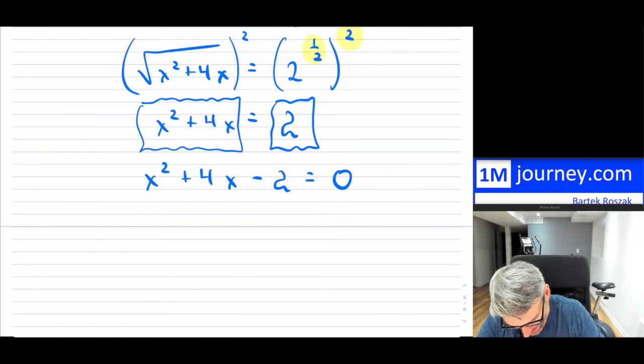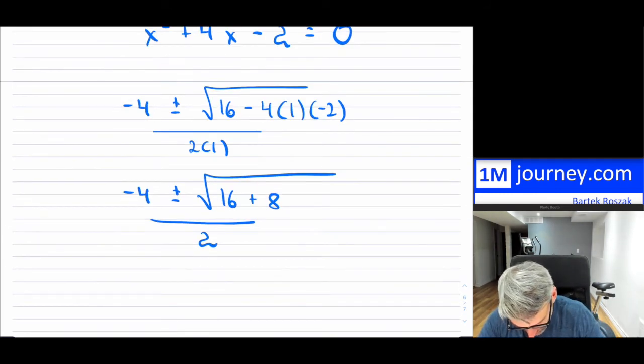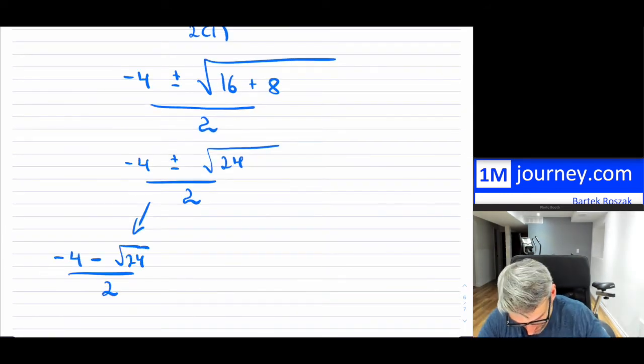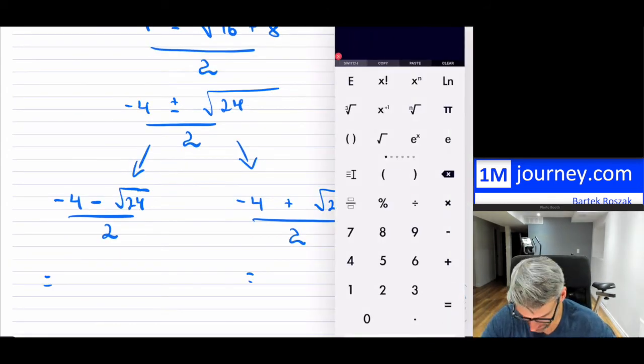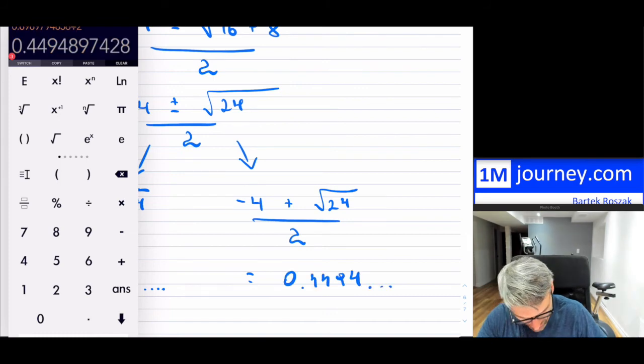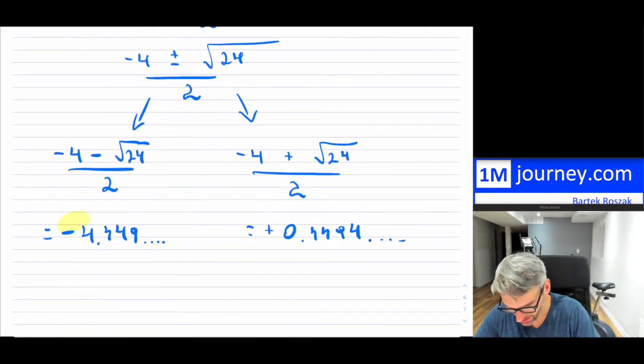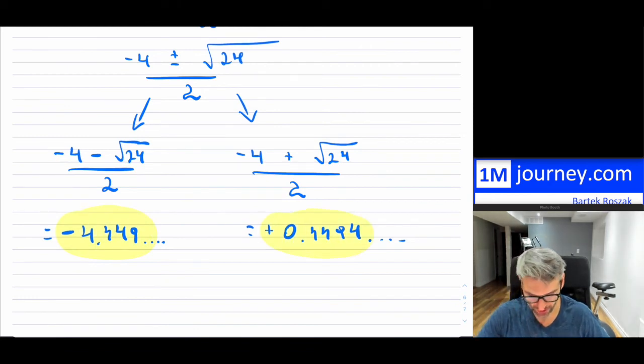Okay, so what do I have? All right, so here are your answers, and indeed they're both admissible. So notice less than -4 and then greater than 0. Now you can round them off if they wanted you to round.